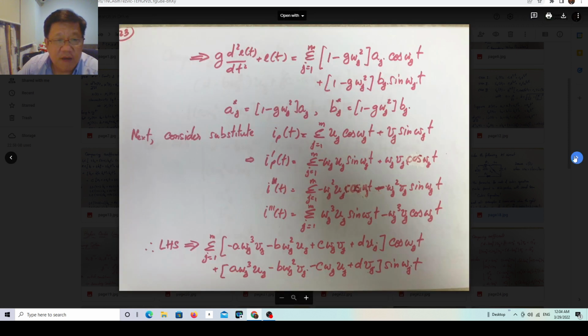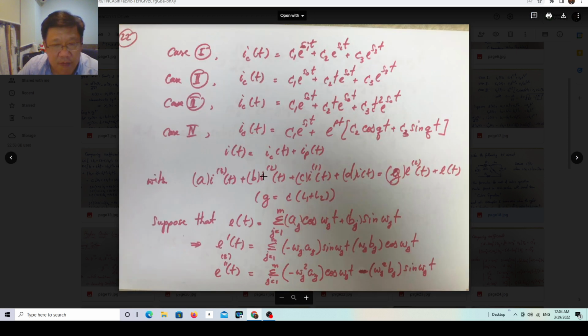So we combine these two terms. But you remember that this is the right hand side evaluation. You have to make sure that this is the right hand side. For the second order of e over t, you have constant g to multiply.